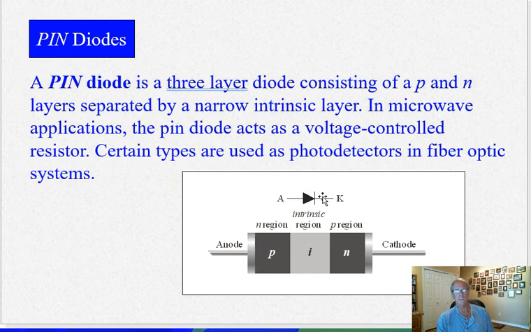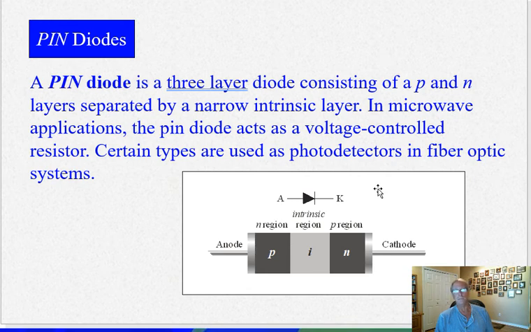Okay, it's got this intrinsic region in the middle, and it's a 3-layer diode with another little intrinsic region in here, which means that when you bias it, the voltage that you bias it with will determine its resistance, a much more dramatic curve than a Zener diode. I guess that's the big difference between a pin diode and a Zener diode, is that its resistance with voltage is much more extreme, and therefore you can make voltage controlled filters.